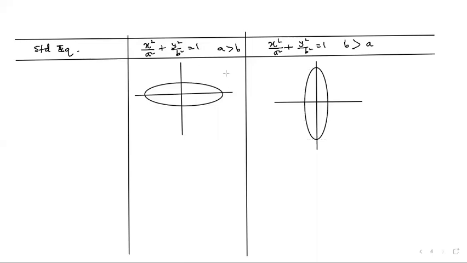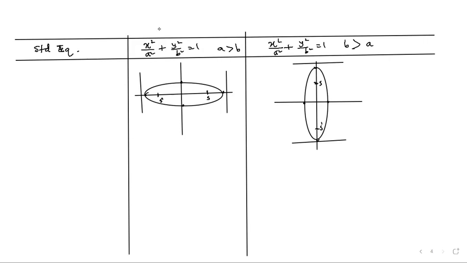How will this one's directrix be? Like this, like this. How will this one's directrix be? Like this and like this. What will be the focus? One here, one here, one over here, and one over here. The vertex will be this point. So for both of them, the vertex will be the same. No change in the vertex.